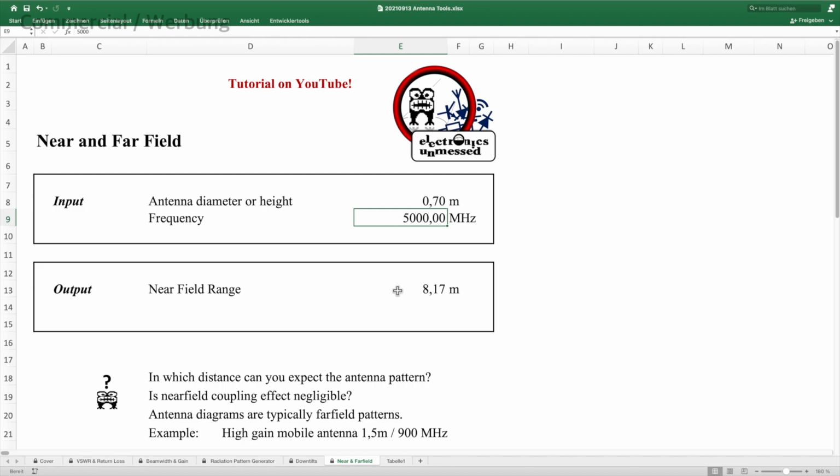Antennas are reciprocal elements. This means that you get the same diagram in the receive and in the transmit case as long as there are no active elements like amplifiers in the antenna. So everything we talked through in this episode you can apply for the transmitter and the receiver case.